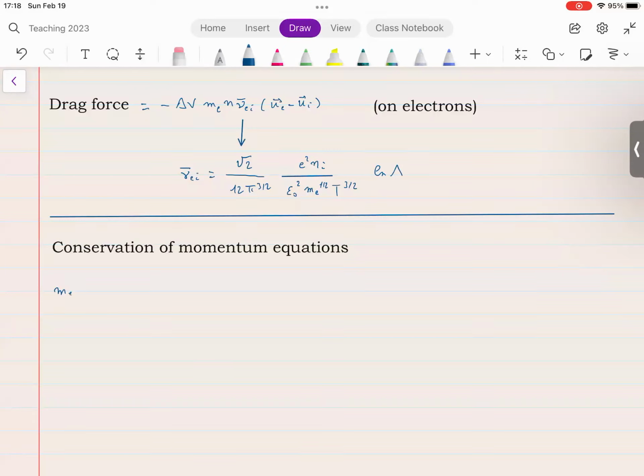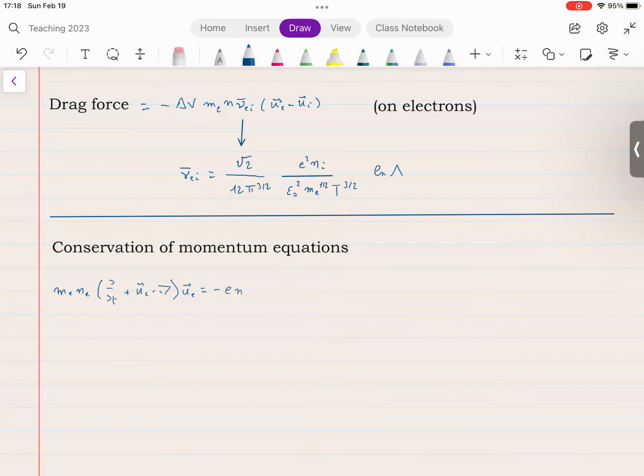And this is what it looks like. m_e n_e, this one is with the subscript e, obviously, for the electrons, plus u_e dot grad u_e, the inertia piece.